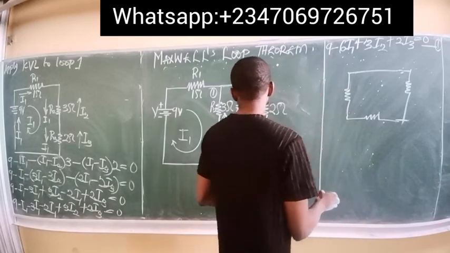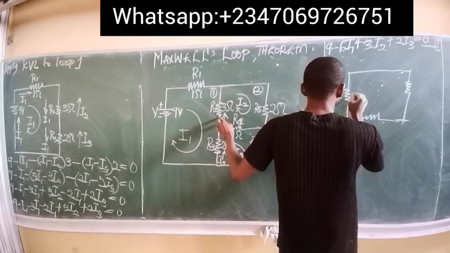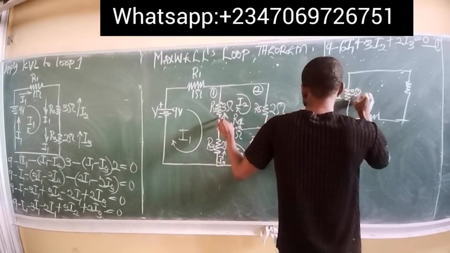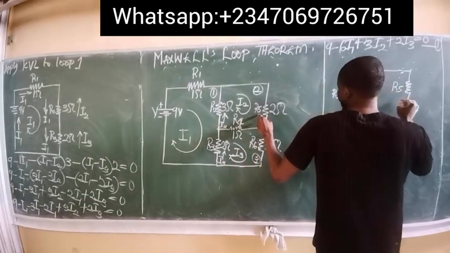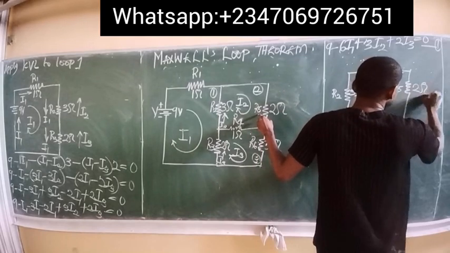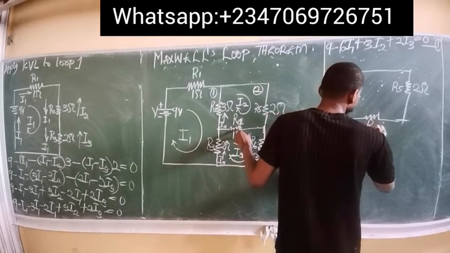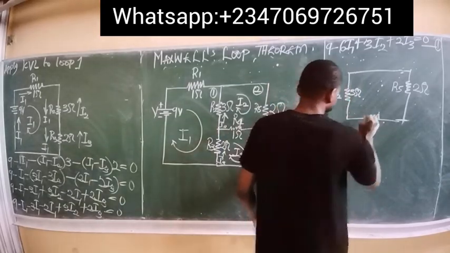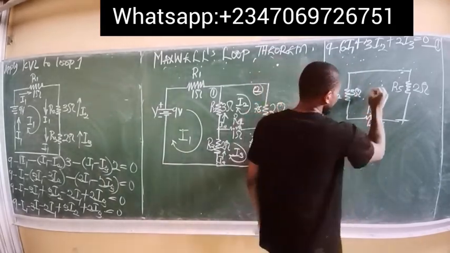All right, so resistor here is R2, and R2 was given as 3 ohms. Resistor here is R5, and R5 was given as 2 ohms, and resistor here is simply R4, and R4 was given as 1 ohm, and I have the direction of current of I2 in this manner.